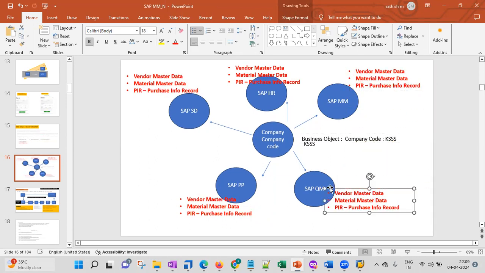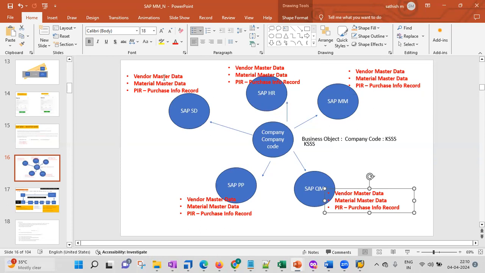There are many modules, and listen carefully, for every module they have different master data. As of now, I copied the same thing, but the same thing will not be there.